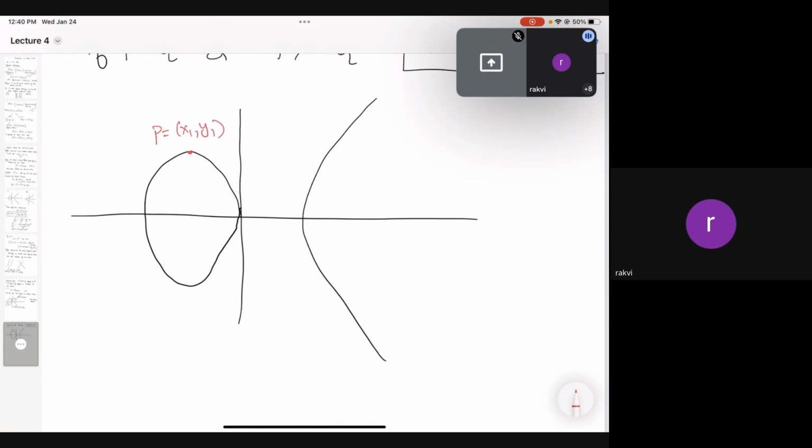So let's say this is my point and I want to add P to itself. So what I do is, now I don't have a chord, but I do have a tangent. Okay. So I'll take this tangent instead.